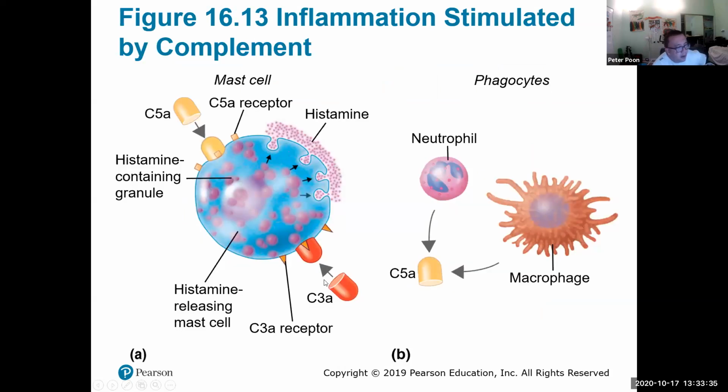So the C3a part comes off and activates histamine. Histamine causes vasodilation. The C5a actually attracts macrophages and neutrophils.